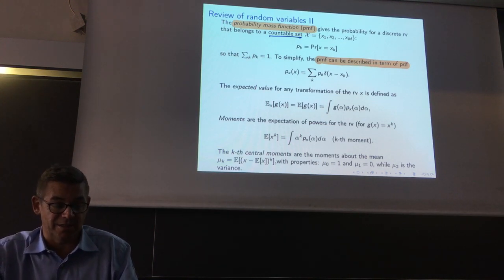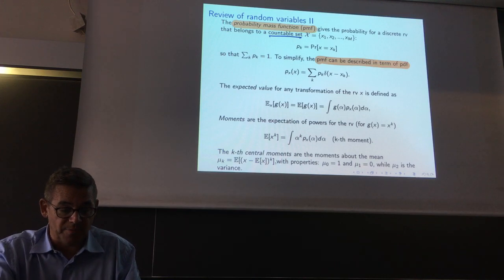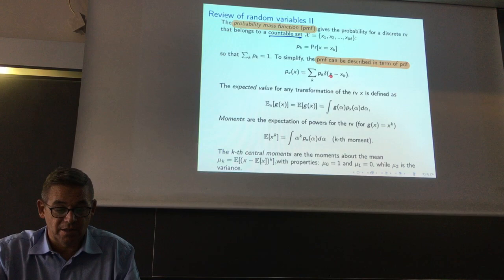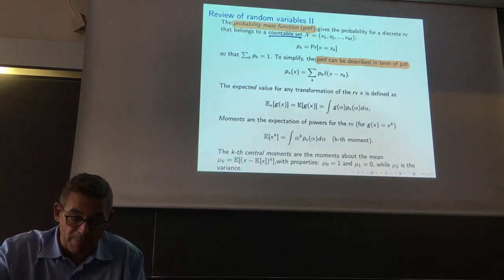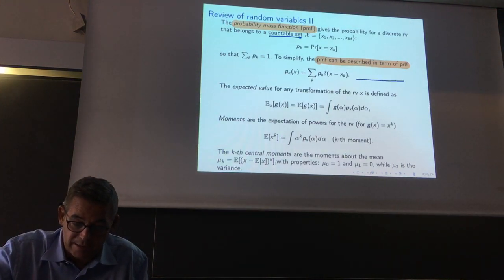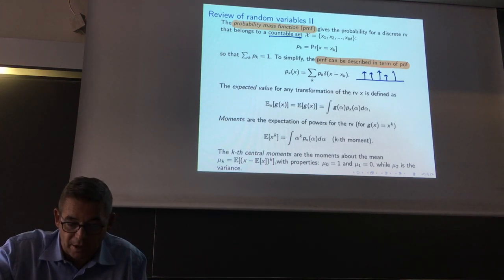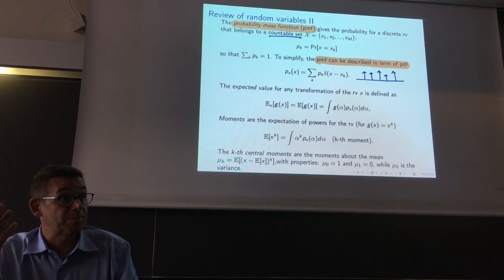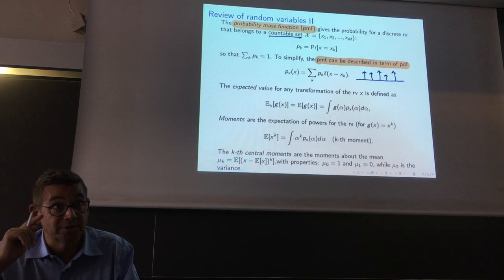This density is obtained by a set of deltas, as indicated here. If I represent this space, I have a set of deltas, and the area of each delta represents the corresponding probability.